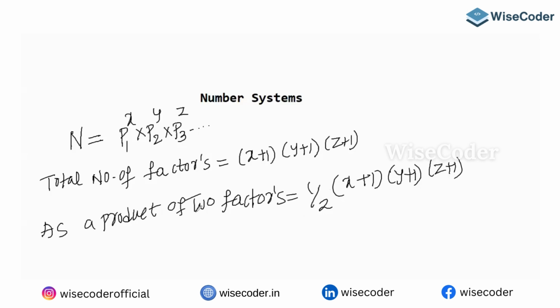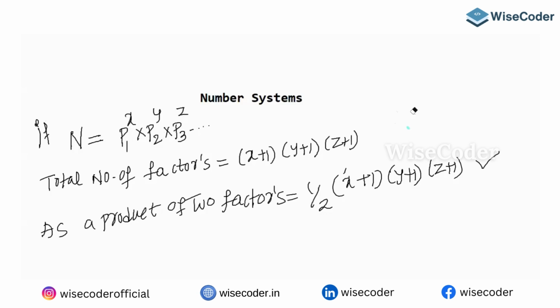So this is the number of factors. That's how we can figure out the number of ways as a product of two factors, and the total number of factors. So if the number is n and n is written as p1 power x, p2 power y, p3 power z, this is how you can write it.